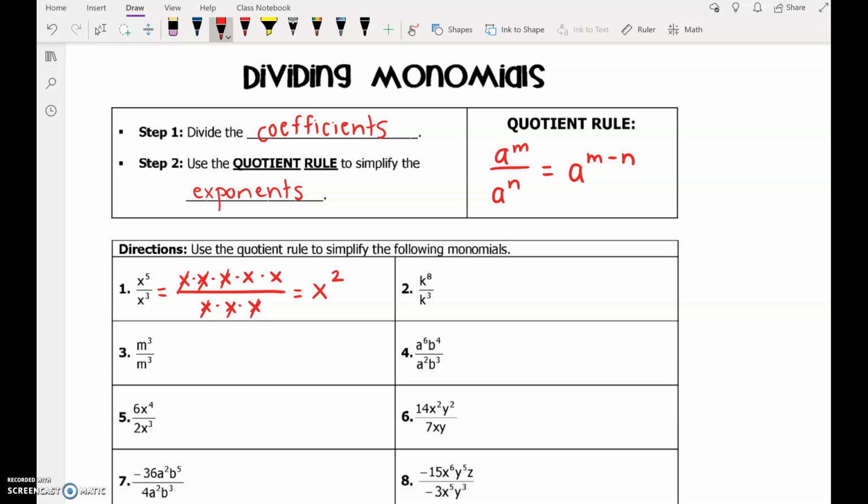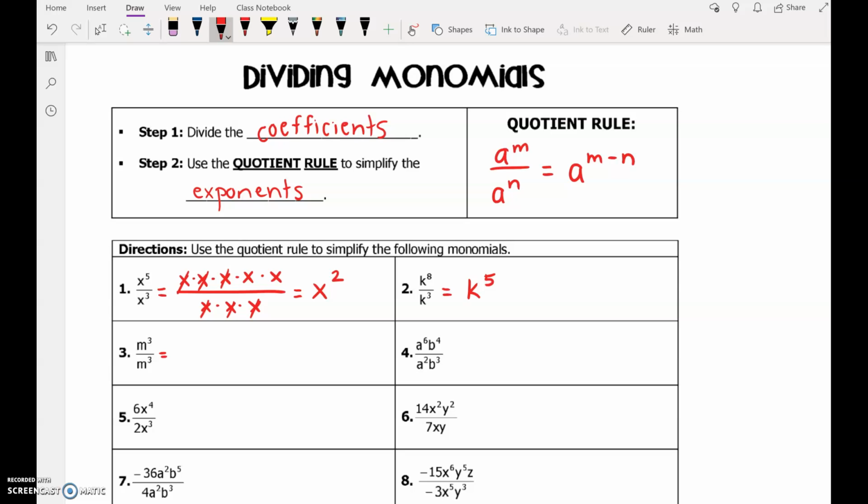If I subtract 5 and 3, 5 minus 3 gives me 2. That's where I'm getting that number from. So if I come over to number 2 and I do 8 minus 3, that would be k to the 5th power. You do not have to write out everything like I did in number 1. That was just to show you where they're getting the concept of the quotient rule.